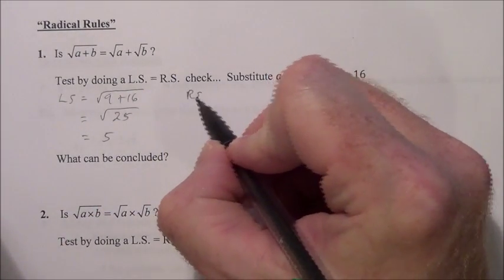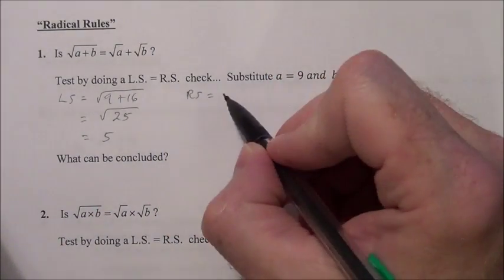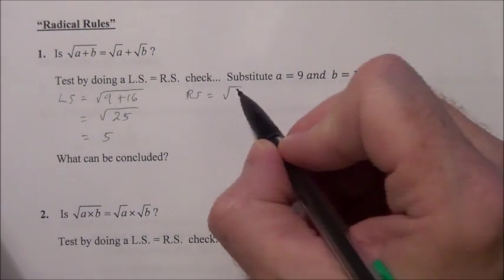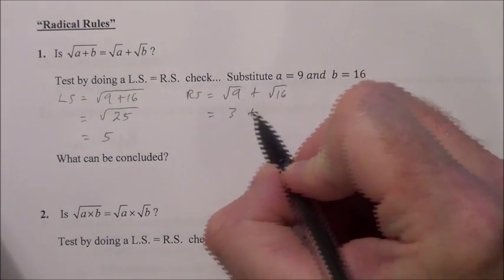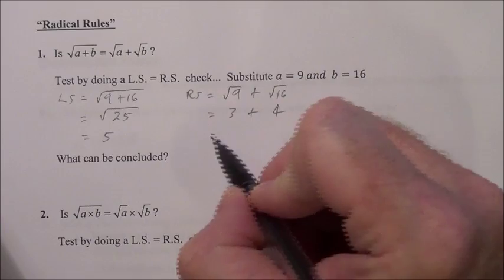Then if we look at the right side, we're going to do the same sort of thing. Root of 9 plus the root of 16. Root of 9 is 3. Root of 16 is 4. 3 plus 4 is 7.